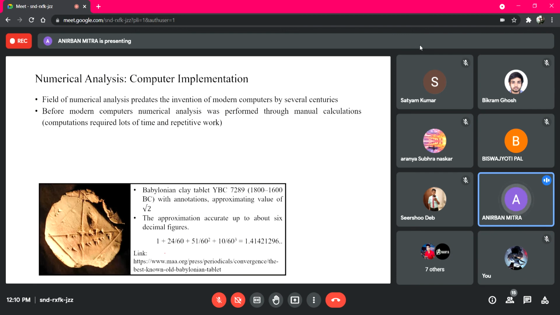But in certain situations, such as calculations to do with military applications, there were thousands of people who were employed to do such manual calculations.